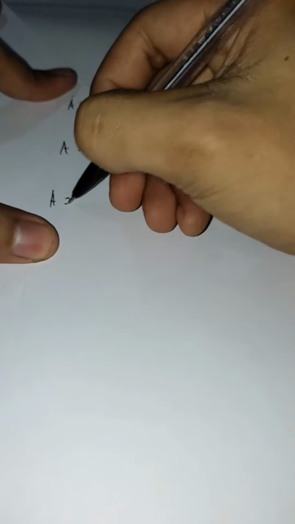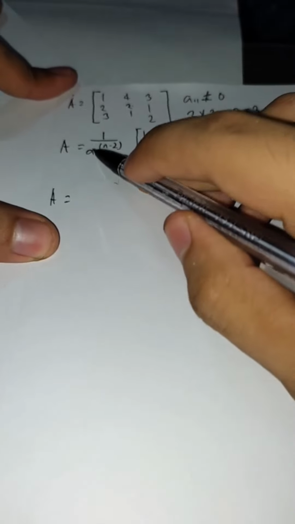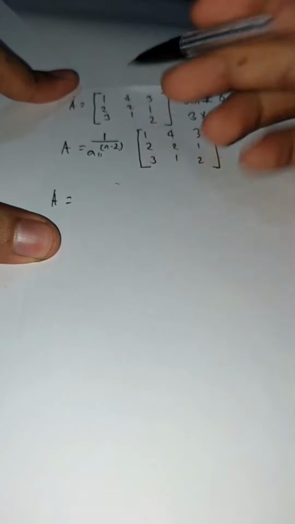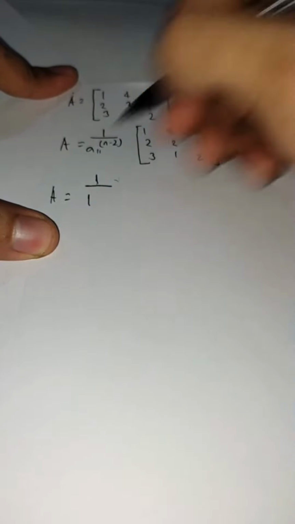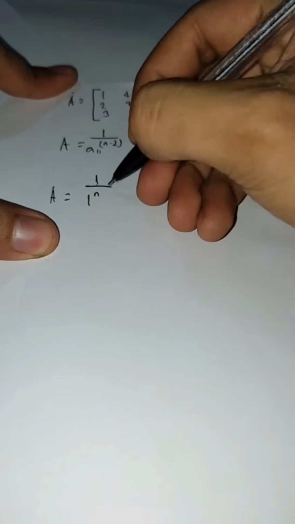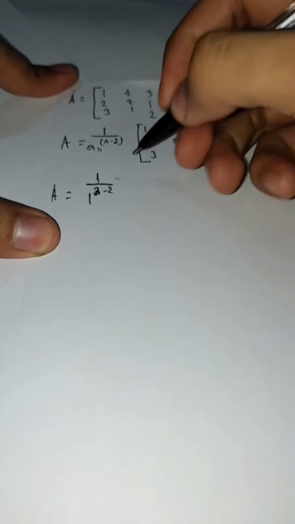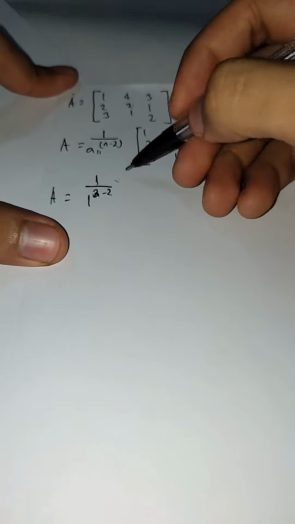Next, substitute the formula. A, 1 is all over n is equals 3 raised to 3 minus 2.